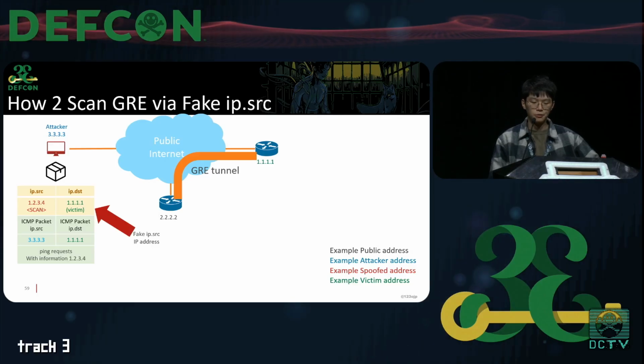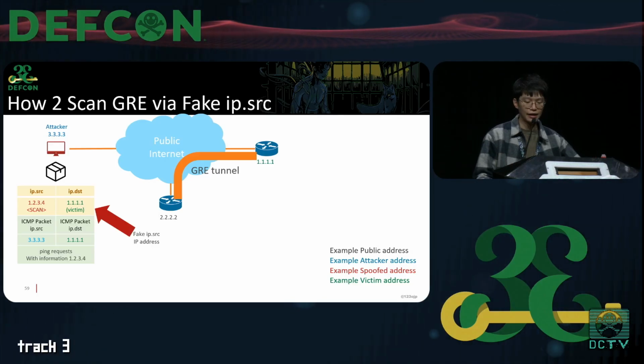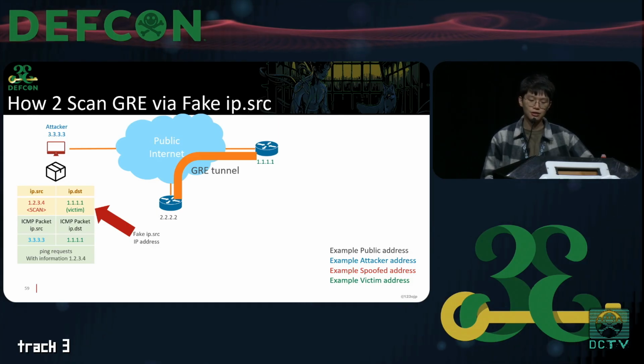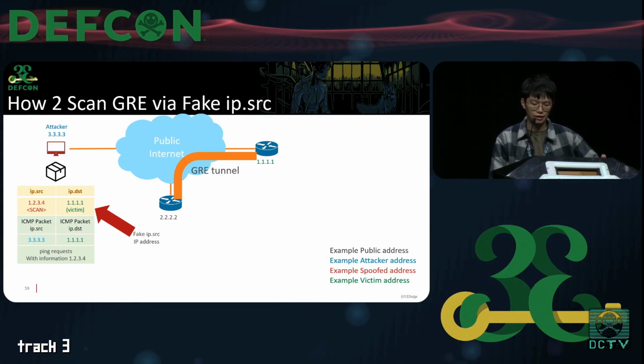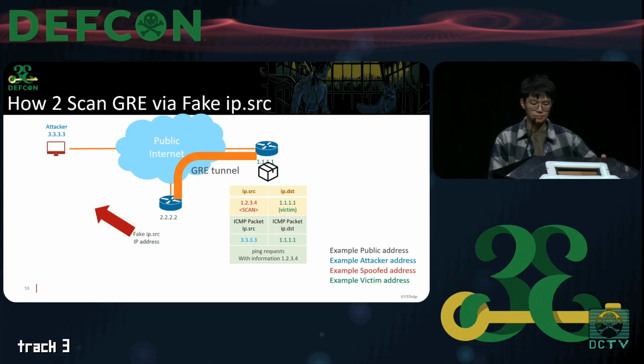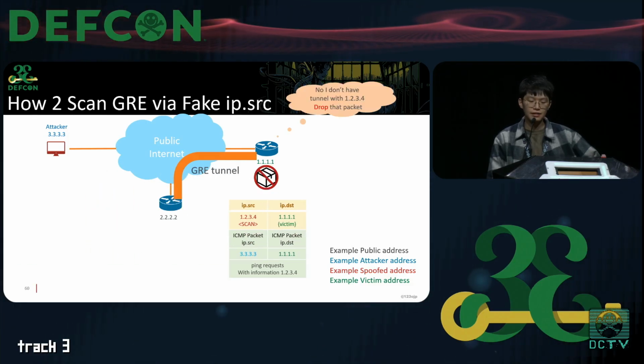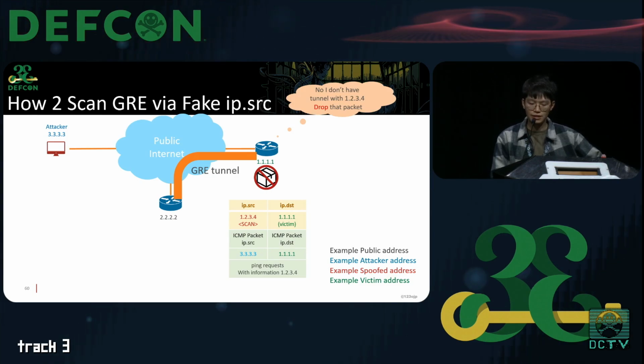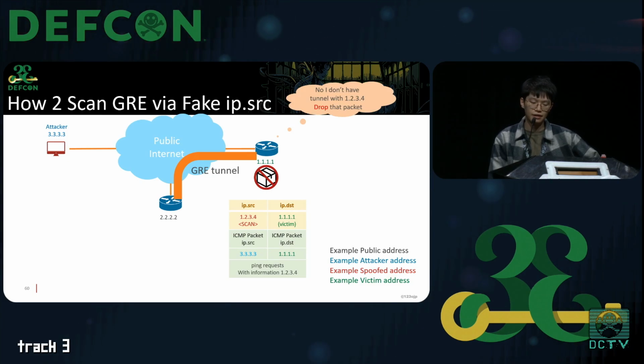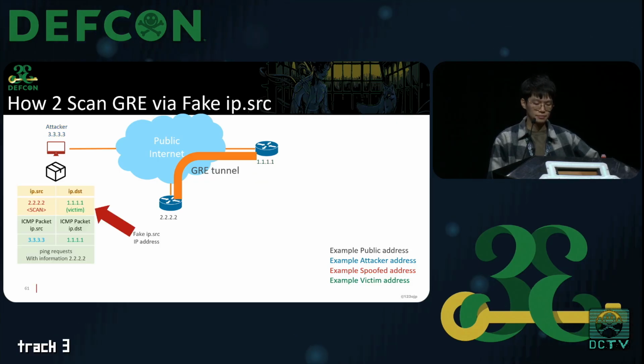So, we can create and send many packets with different source IP addresses to brute force the correct victim peer. If the victim does not recognize the source IP as a known peer, it will drop the packet.